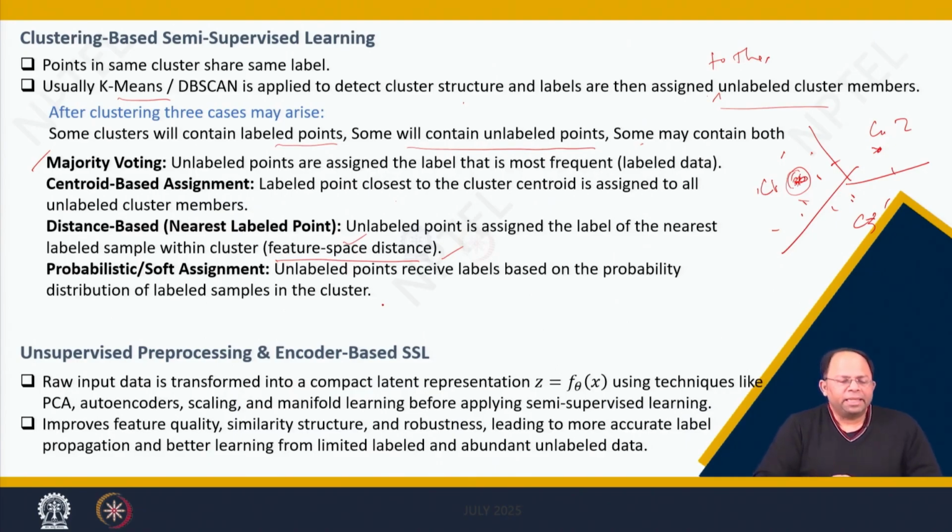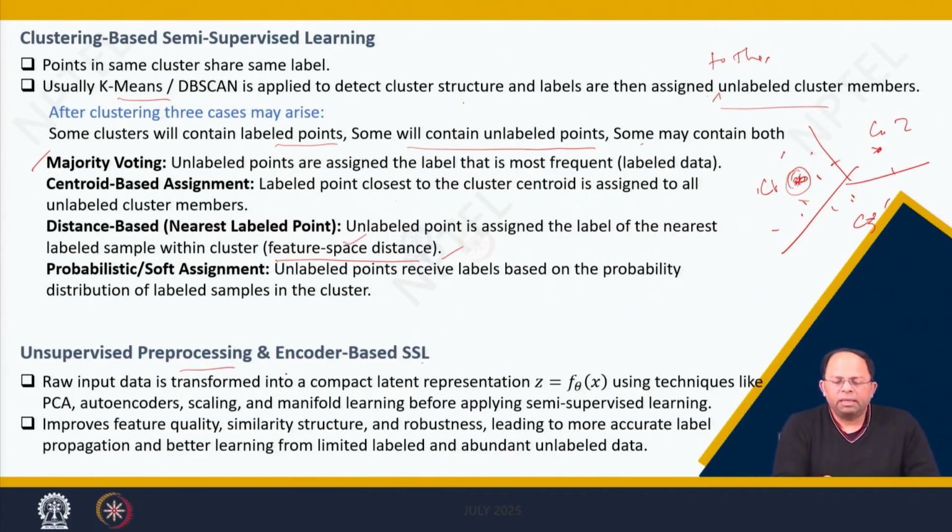Then another technique is unsupervised pre-processing and encoder-based SSL. Again, you can revisit this when you have done the lectures of the next module. Here we try to find some compact representation.